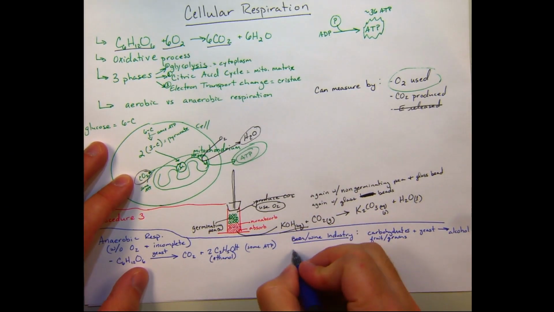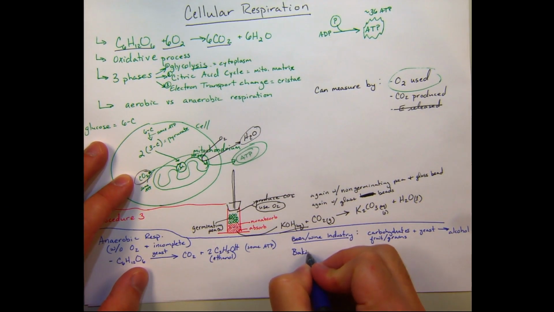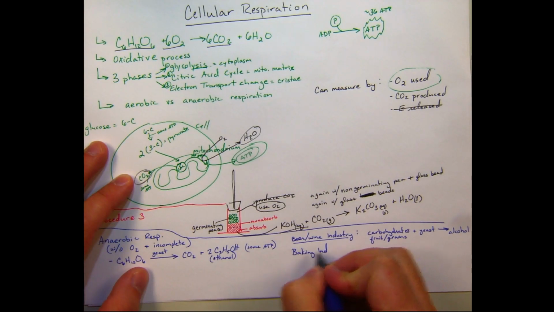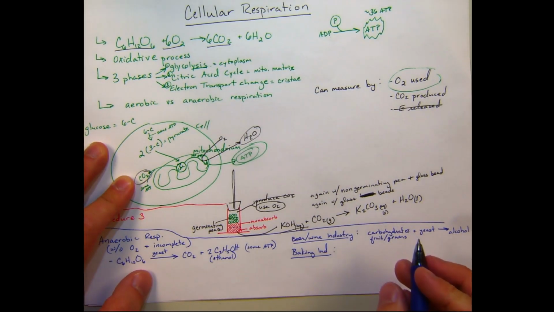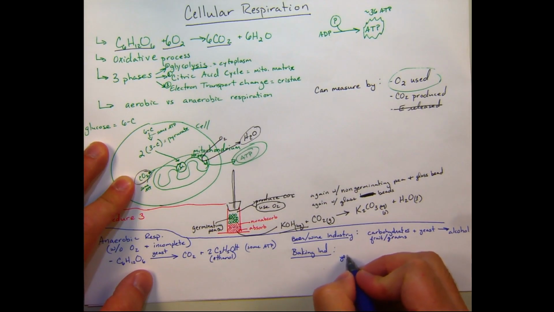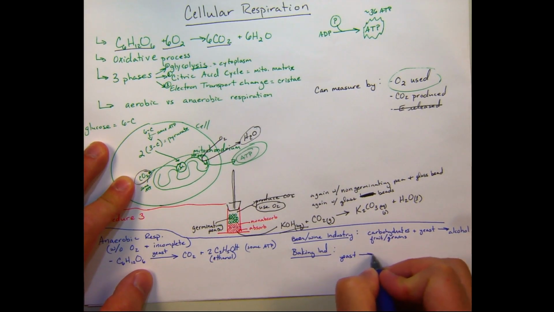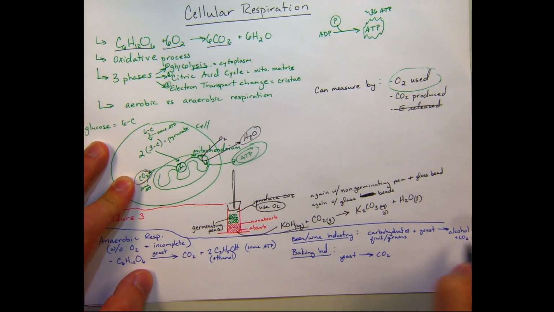The baking industry. What they do is they use yeast. They're using the carbon dioxide. Now, yes, carbon dioxide is also produced over here. Right? They're using the same process with their breads. Now, they're producing carbon dioxide and alcohol, ethanol, to be exact.